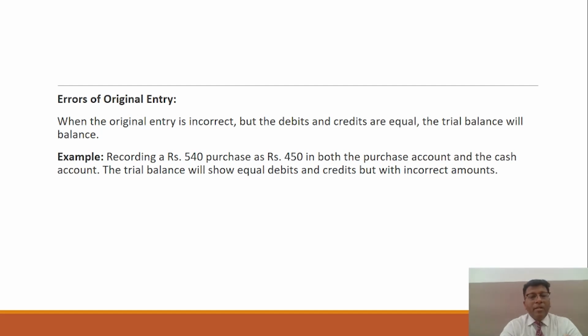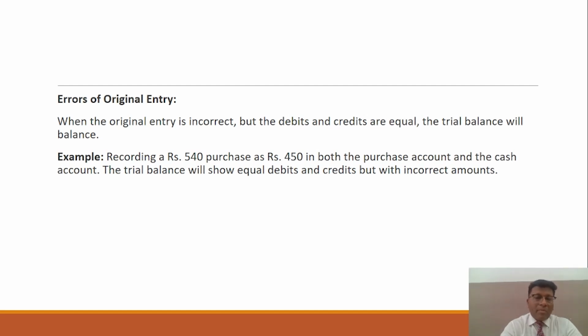For example, recording a rupees 540 purchase as rupees 450 in both the purchase account and the cash account. As you see, this is a transaction worth rupees 540, but you are writing 450 in both places, debit and credit. So this is a case of writing the amounts wrongly.